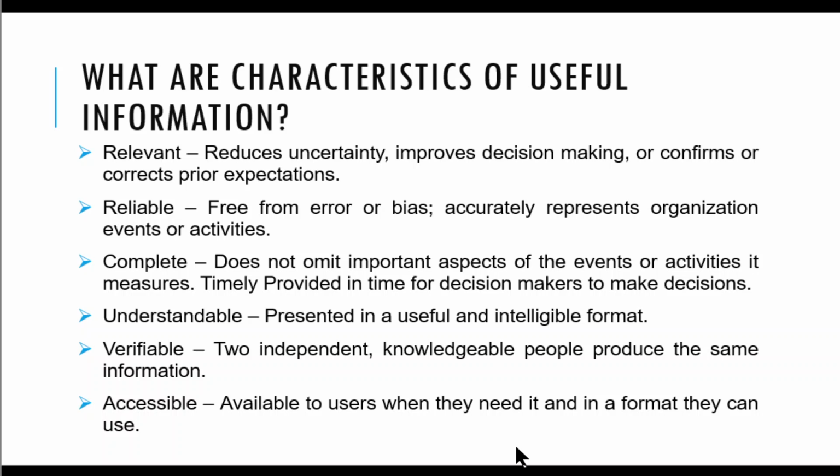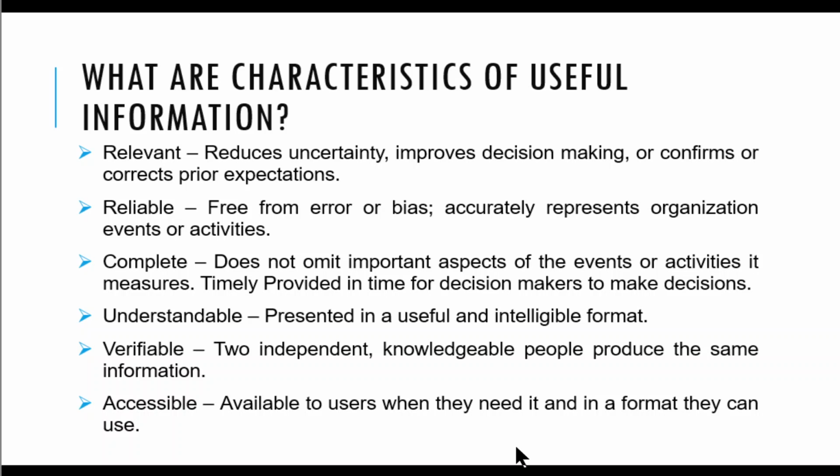We have relevant. These reduces uncertainty, improves decision making or confirms or corrects prior expectations. Information should also be reliable, kasaligan. It's free from error or bias. It should also be complete. It does not omit any parts or important aspects of the events or activities.